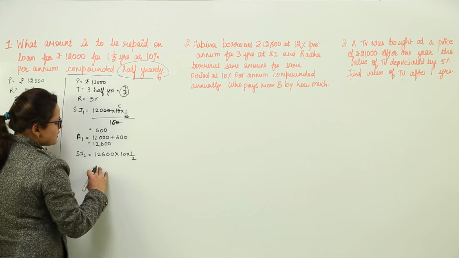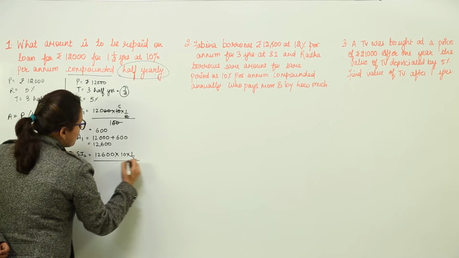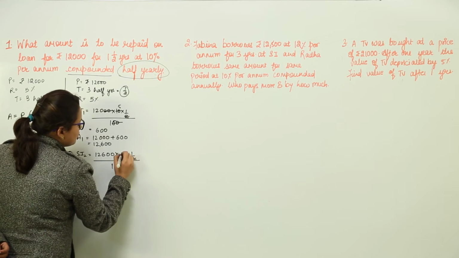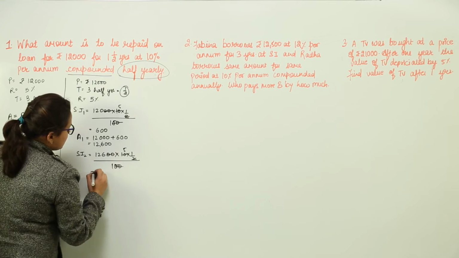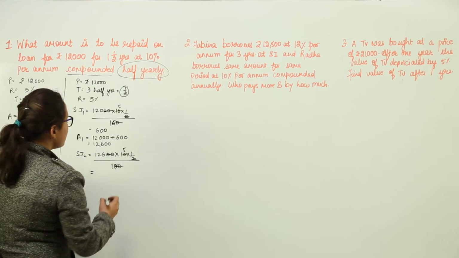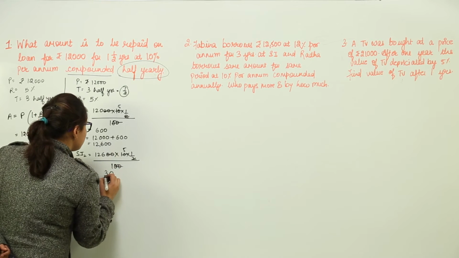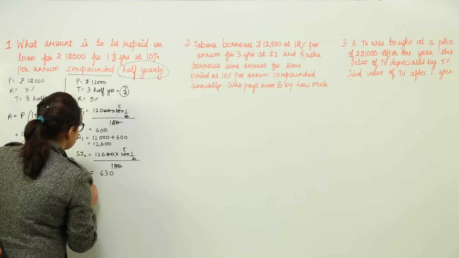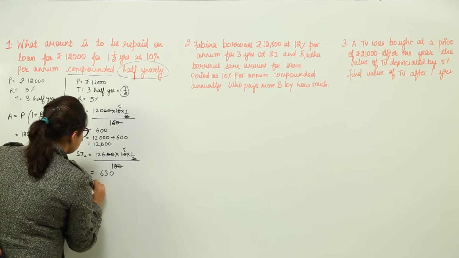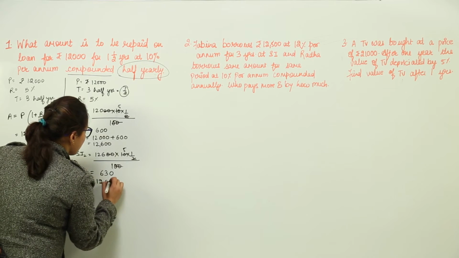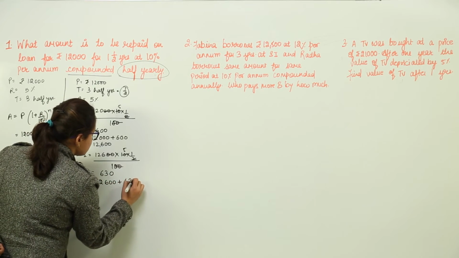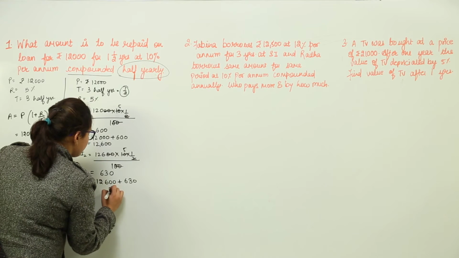So we have to calculate simple interest for each case. All divided by 100. Now the 2 zeros and 2 zeros get cancelled. We get the answer as 5 sixes are 30, 3 carry, 5 twos are 10 and 3, 13, 5 ones are 5 and 6. Now the simple interest is 630. The amount would be 12,600 plus 630. Adding it up, we get 13,230.